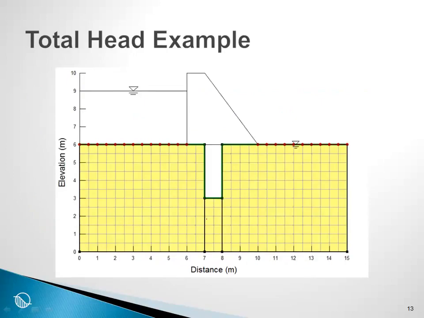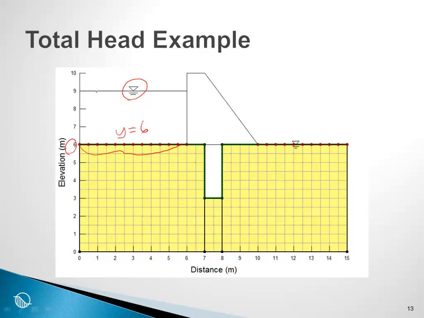So let's look at total head in the context of this very simple example. We have some freestanding water on this side of the dam, and we need to specify the boundary condition along this edge here. The boundary condition we are going to specify as a total head. We notice here that the elevation is 6, so y is equal to 6.